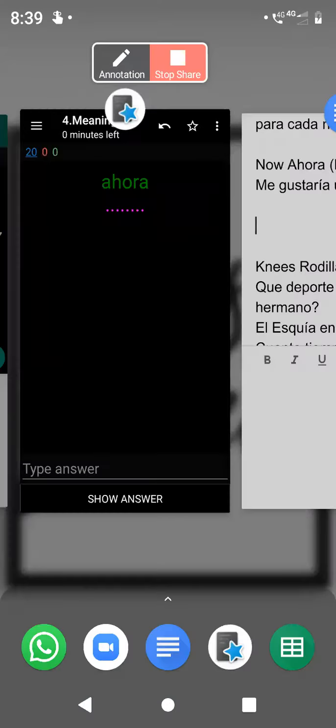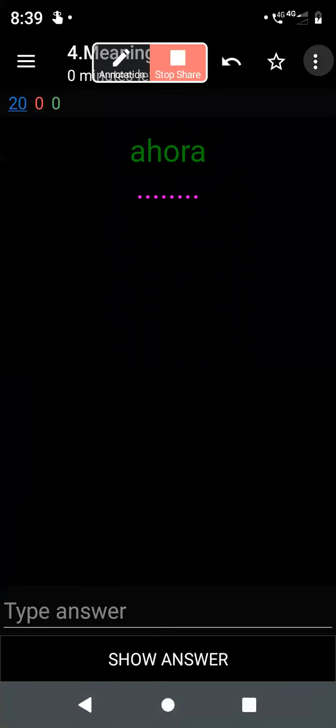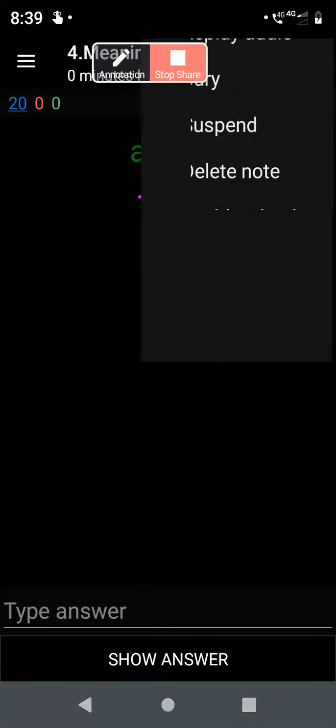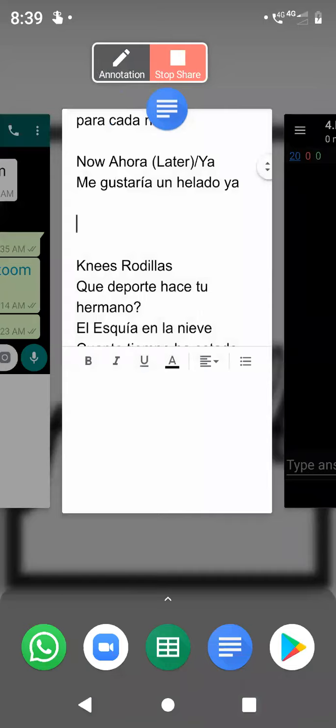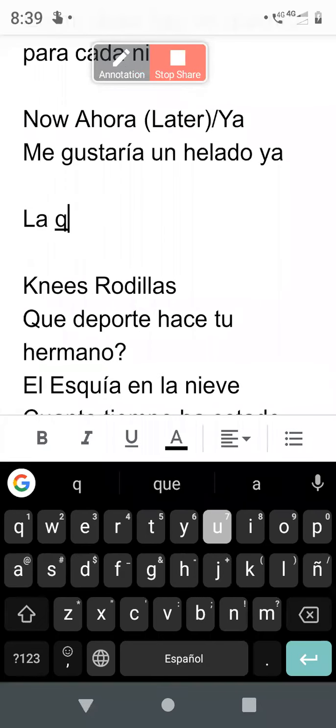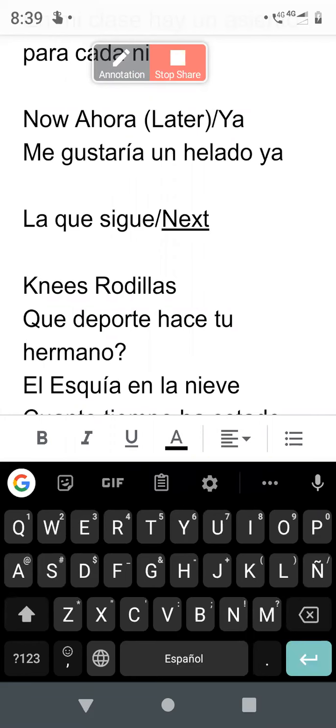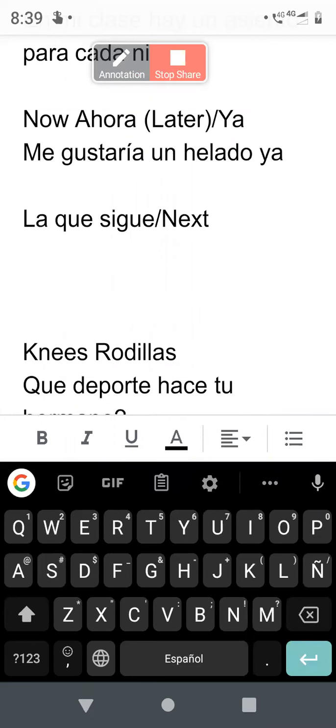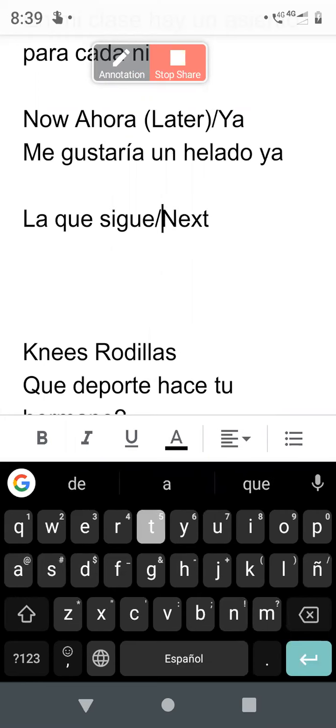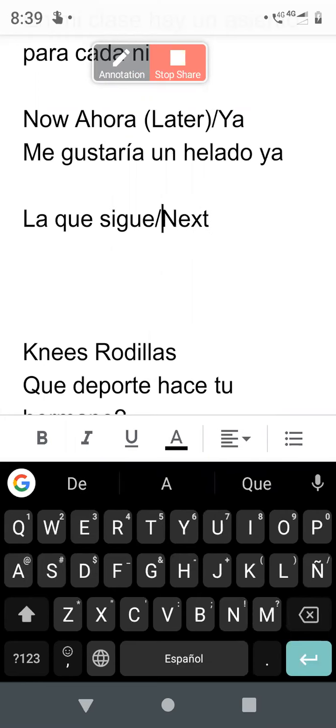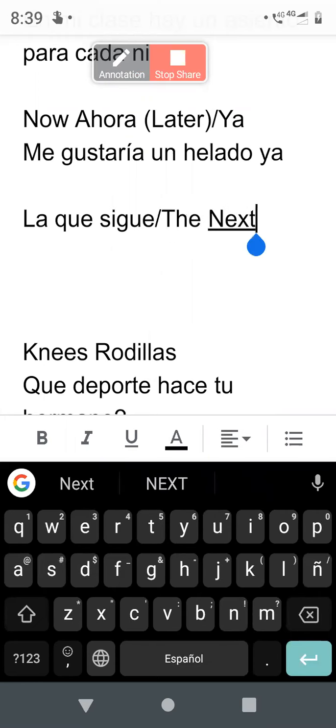La que sigue. What does that mean? La que sigue. This one. Next. What's the literal translation? Well, it's more like the next word. It means the next word, but more like the next one.